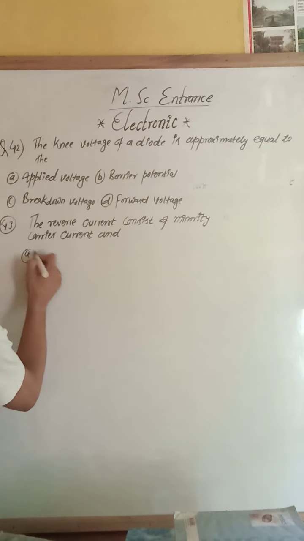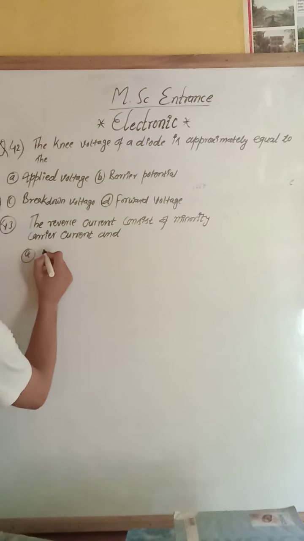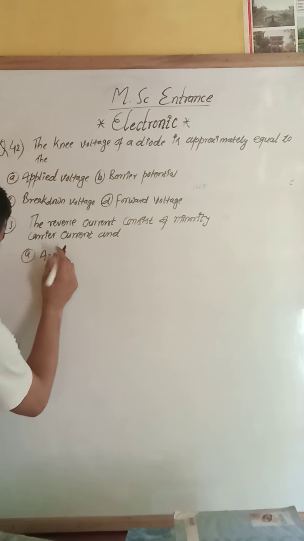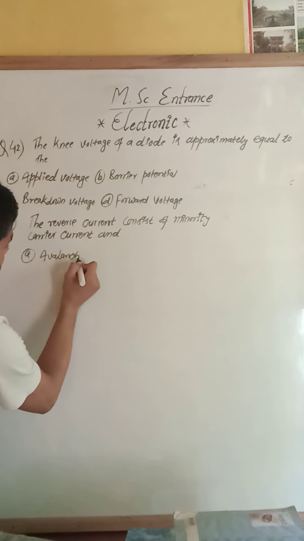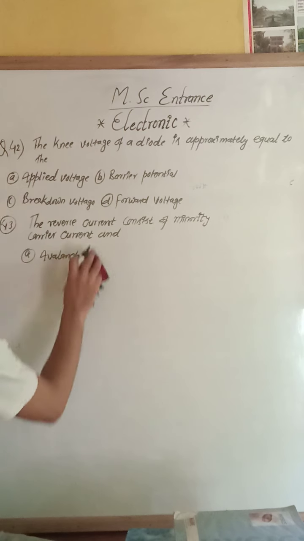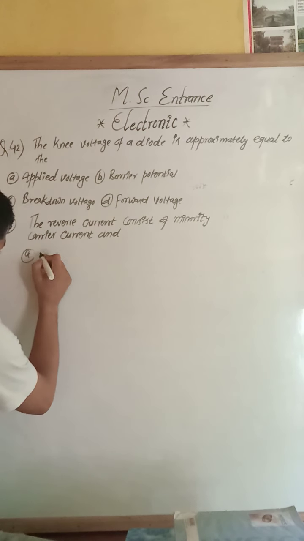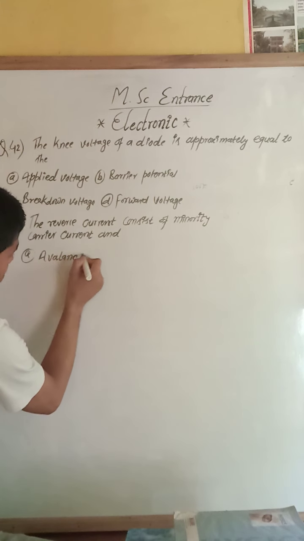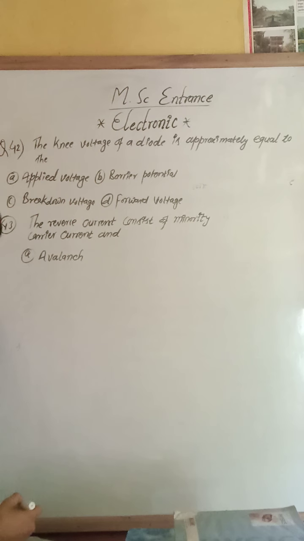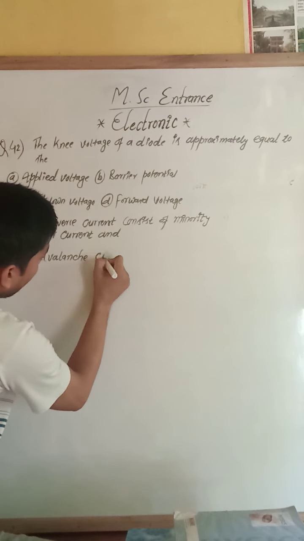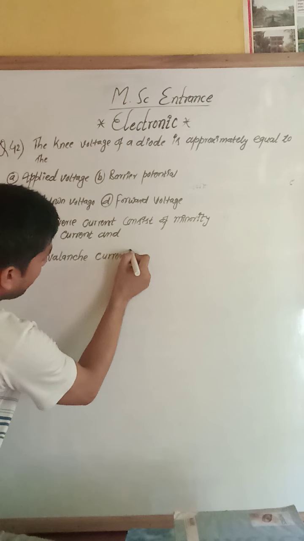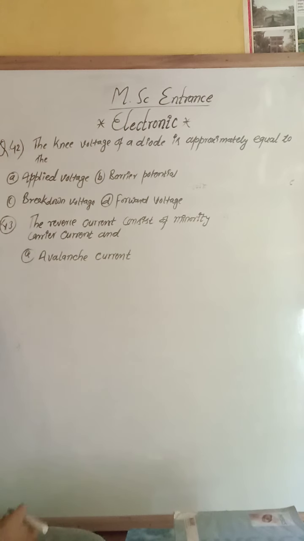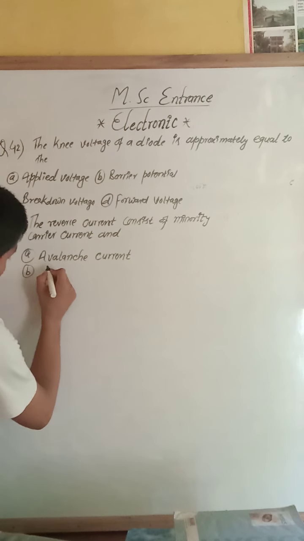Option A, avalanche current. Option B, forward current.